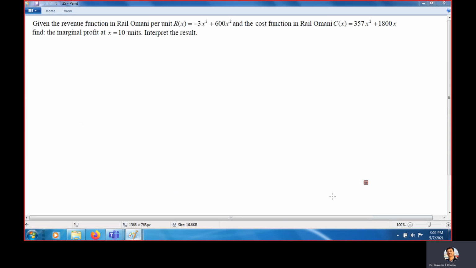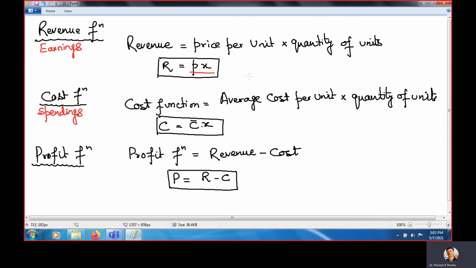But I will show you another question where the revenue function is given; then there is no need to multiply by x. In some problems you need to find the revenue function, and in some questions the revenue function will be given directly.